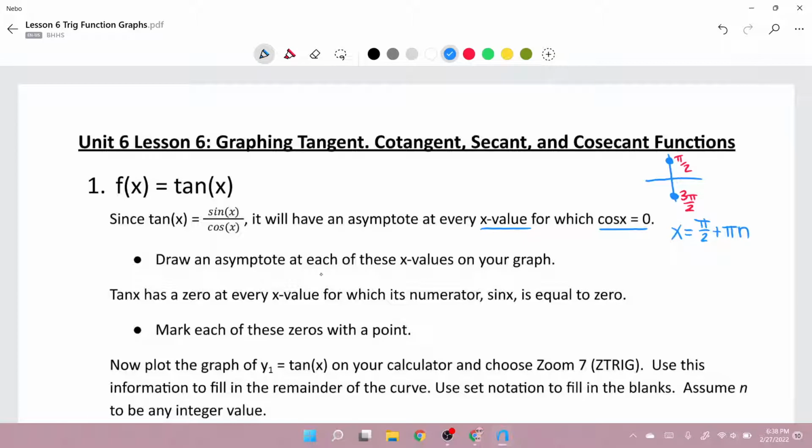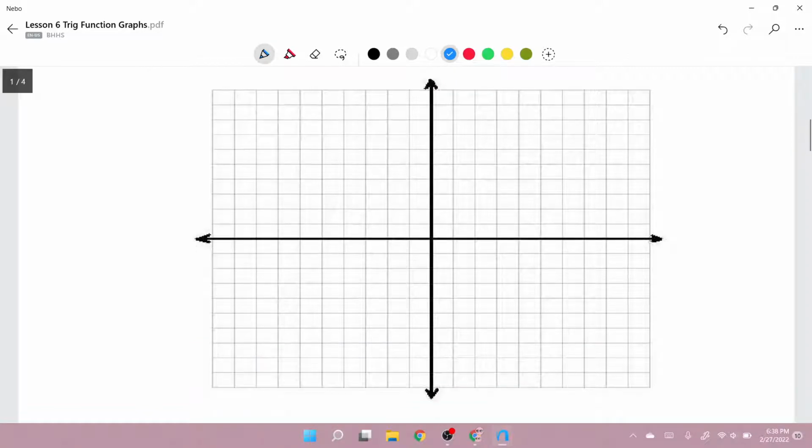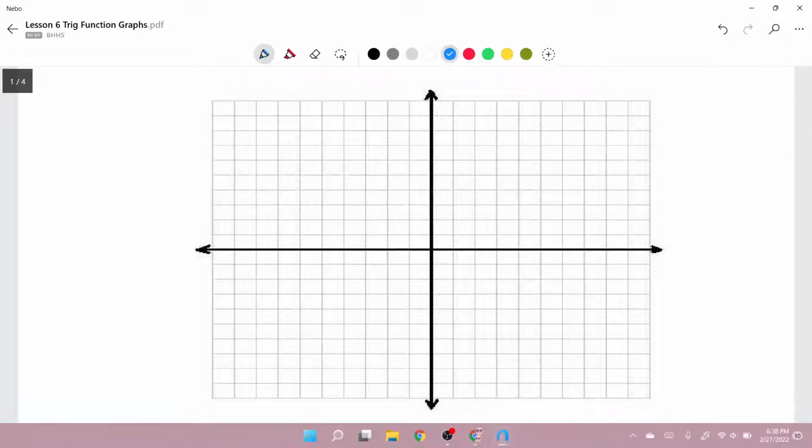It says draw an asymptote at each of these x values on your graph. So if we scroll down, here's our graph. Let's make a scale for it. I'm going to make every 4 boxes on our x scale be pi. So that's pi, and then 4 boxes over will be 2 pi, and then backwards we'll have negative pi and negative 2 pi.